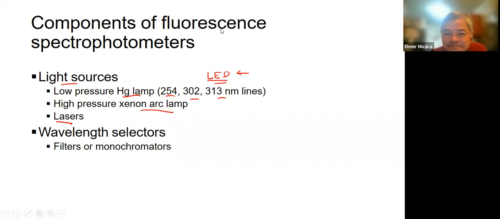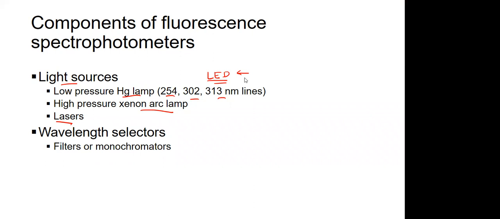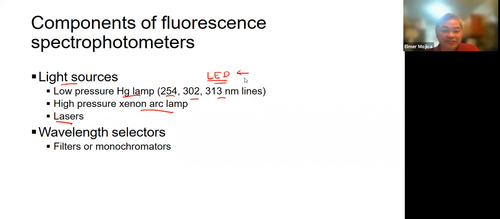Anyone? Light emitting. It's a light emitting diode. Okay? And just like laser, they have their own wavelength. Okay? Now, I'm telling you, I'm familiar with this because I was able to use some of this during my grad school. Okay? So there's what we call light emitting diode.